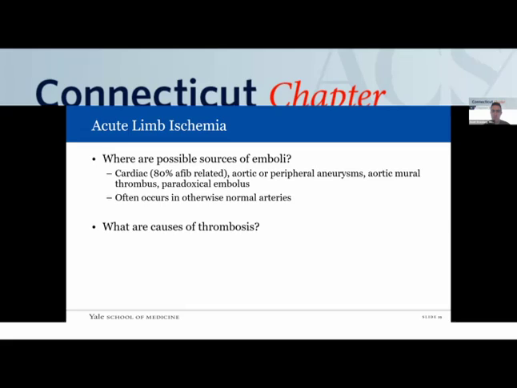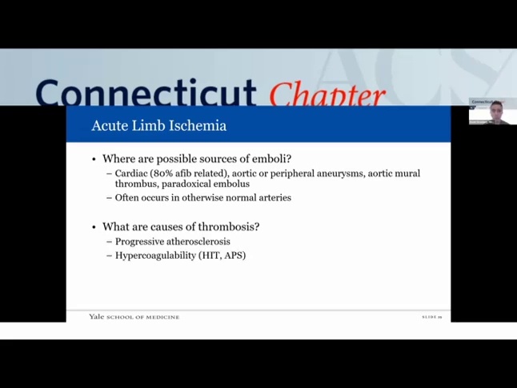As opposed to thrombosis, where this is typically more of an insidious onset. Maybe these patients have atherosclerotic disease that worsened over time, where I started getting a little bit of sensation problems maybe a couple days ago. So it's a much more insidious onset.